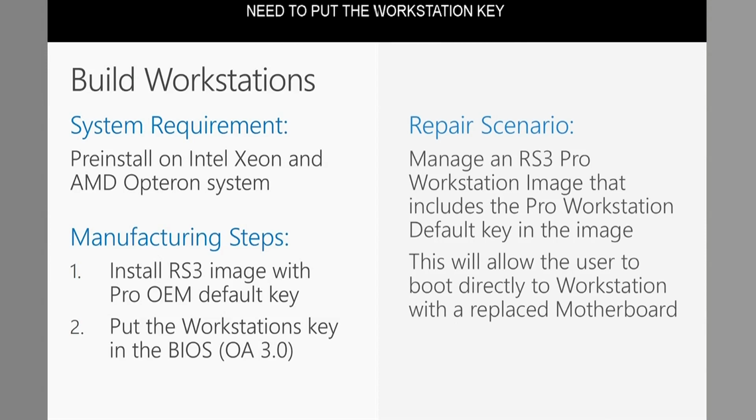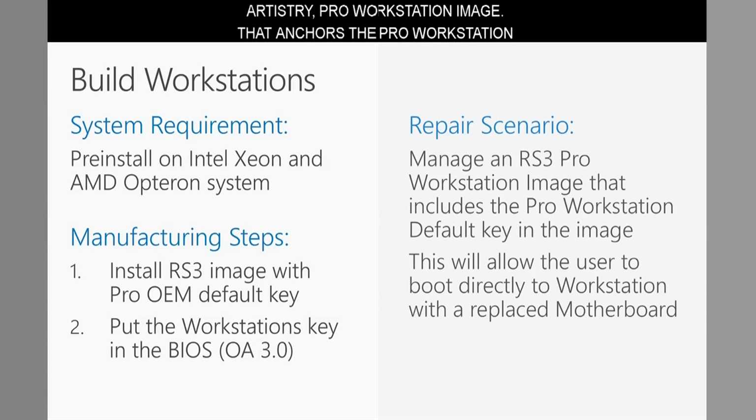For the repair scenario, we encourage you to maintain an RS3 Pro workstation image that includes the Pro workstation default key. For the manufacturing scenario, you can use the Pro OEM default key.